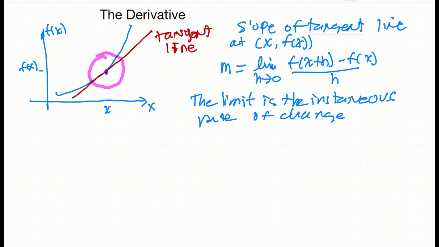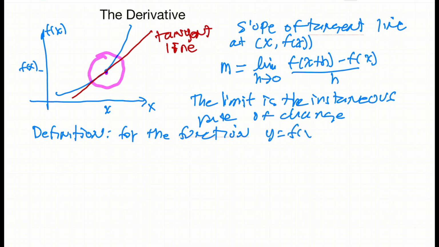From this we can define the derivative. So with this we're going to do a definition. For the function y equals f of x, we're going to define its derivative at x as f prime of x.